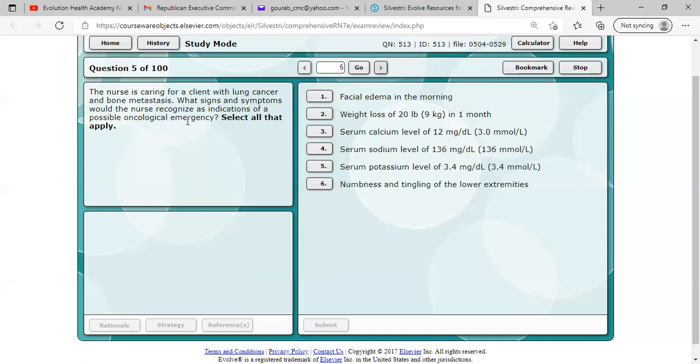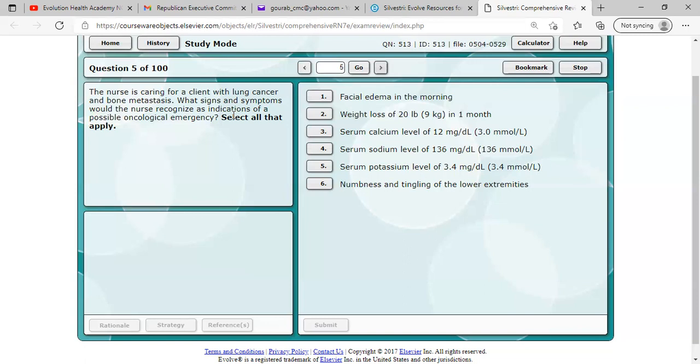So we have to know what the oncology emergencies are, when we will call. Like a complication of the cancer that causes infection, and infection develops into septicemia or sepsis or disseminated intravascular coagulation.